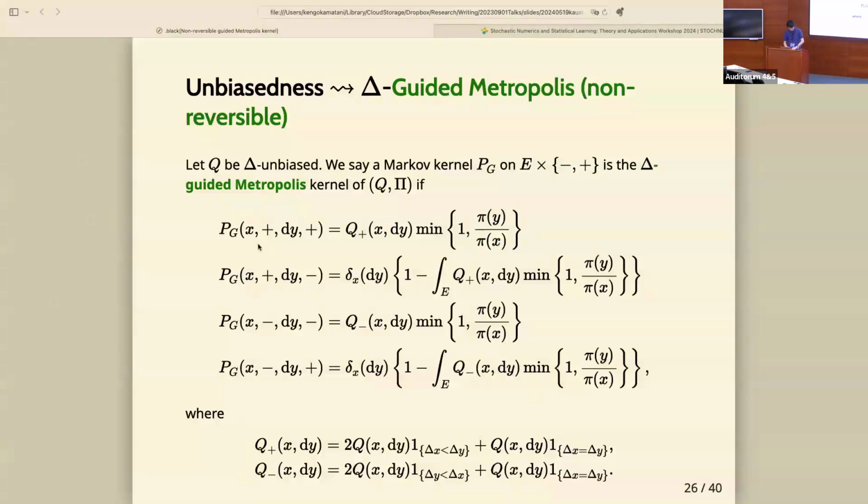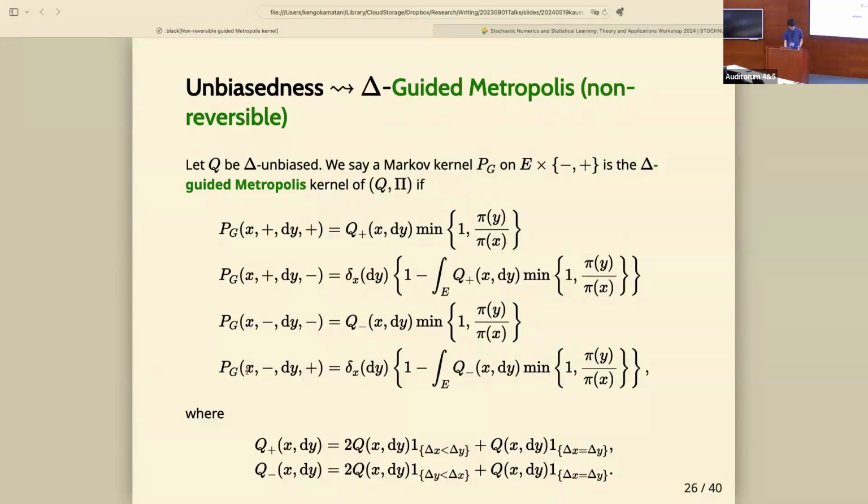If the initial direction is positive, we use Q plus. And if the initial direction is negative, we use Q minus. If a proposal is rejected, we switch the sign from plus to minus. Likewise, if the negative direction is rejected, we switch minus to plus. So this is the design. If we have an unbiased kernel, we can design a non-reversible MCMC like this, and we now have an unbiased kernel.